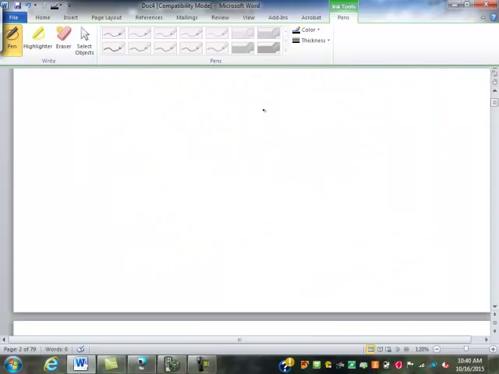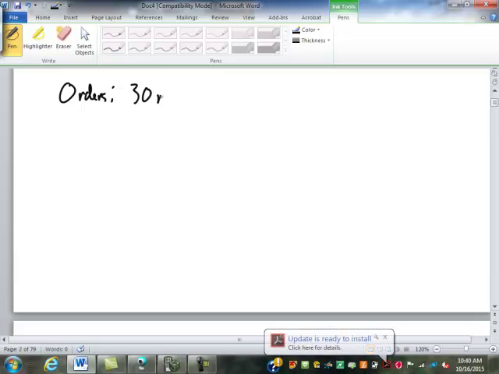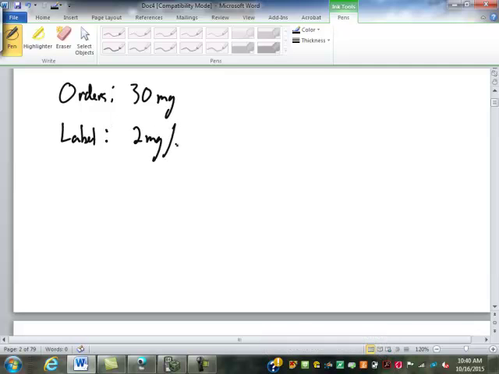Now, similar to that, you might have orders for 30 milligrams of medication. And on the label, it says it is concentrated 2 milligrams per 5 milliliters.